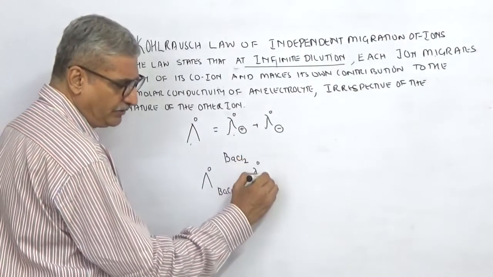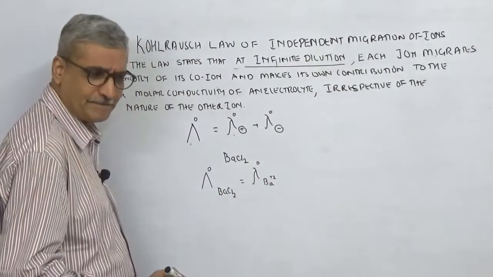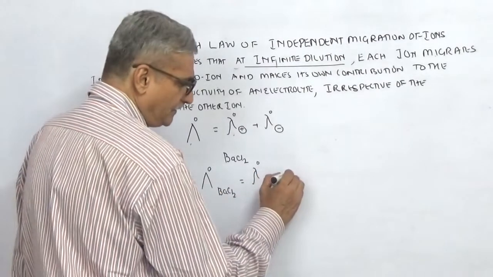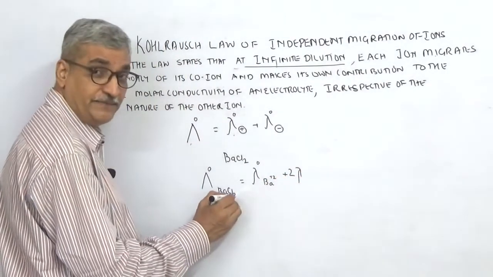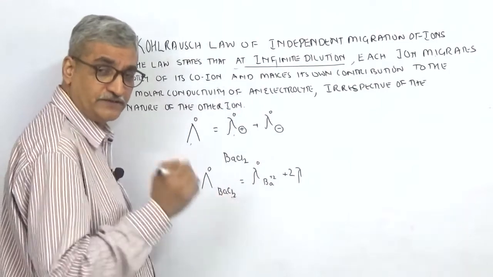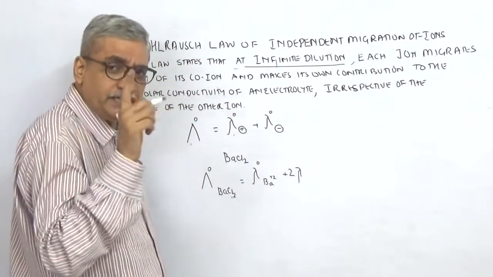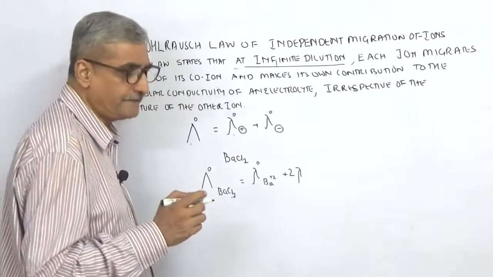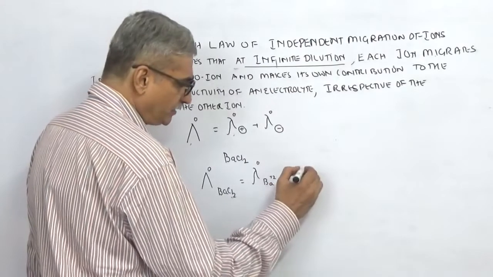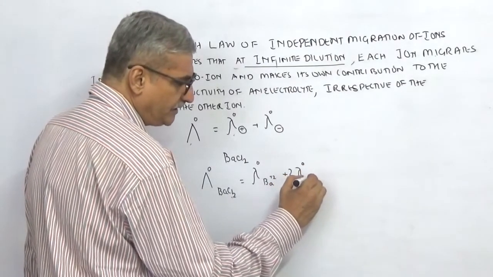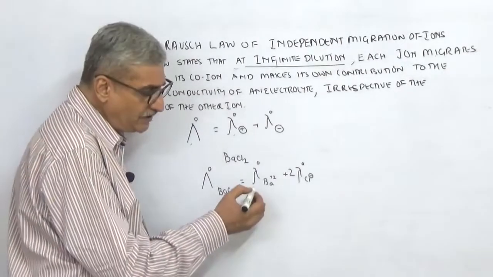Just find out the molar conductivity of barium ion at infinite dilution plus 2 times, because there are two chloride ions, no? Independent of each ion. Each is going to contribute to the molar conductivity. So what do we have now? 2 into molar conductivity at infinite dilution of chloride ion. Now these values are known to us.